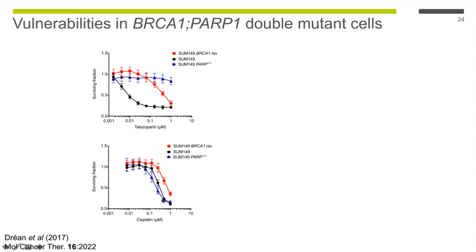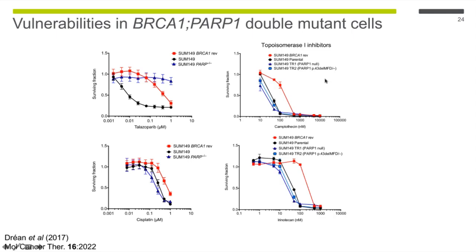Similarly, if you look at topoisomerase inhibitors in these lines, the revertant cell line has become cross-resistant to these topoisomerase inhibitors, whereas the PARP1 mutants have actually become sensitive again. So this suggests that knowing the mechanism of resistance in patients could be important for determining any future treatment that occurs.